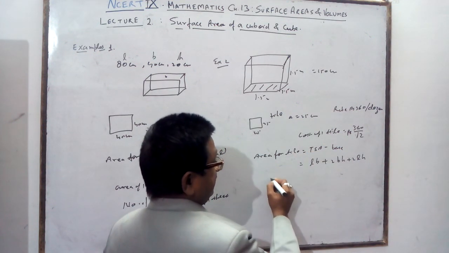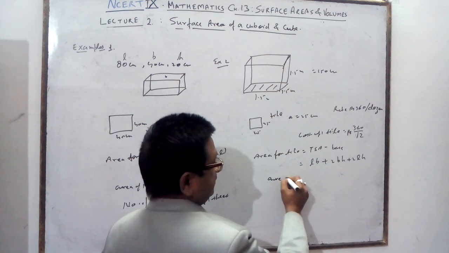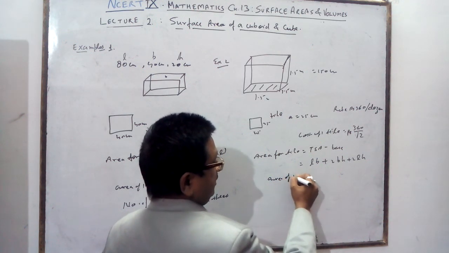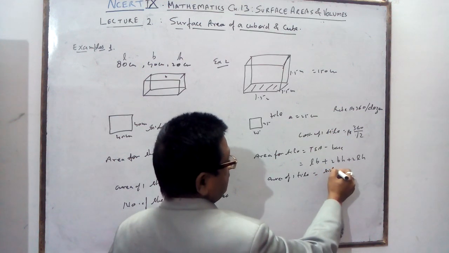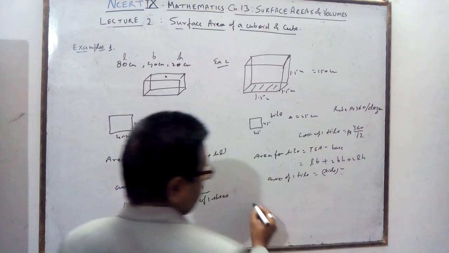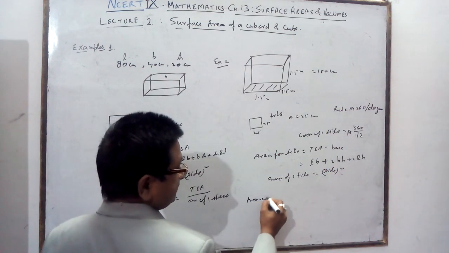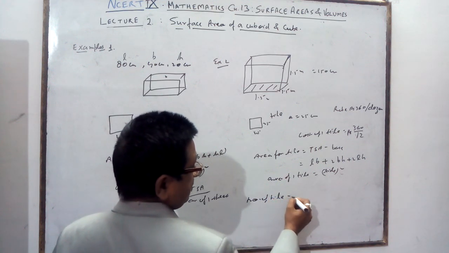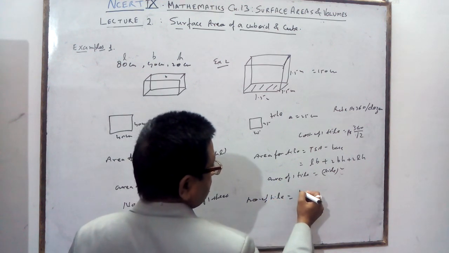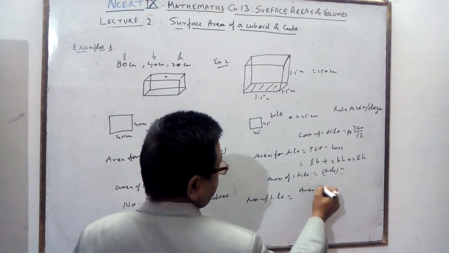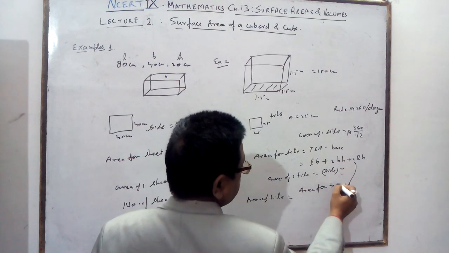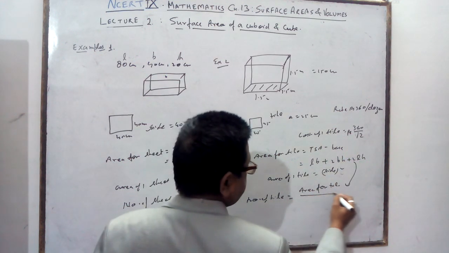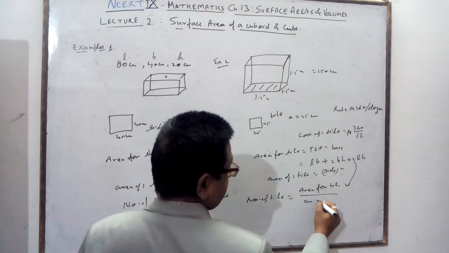And then area of one tile is equal to side square. Then number of tiles is equal to area for tile, that is this part, you put the value, find it out, and divide by area of one tile.